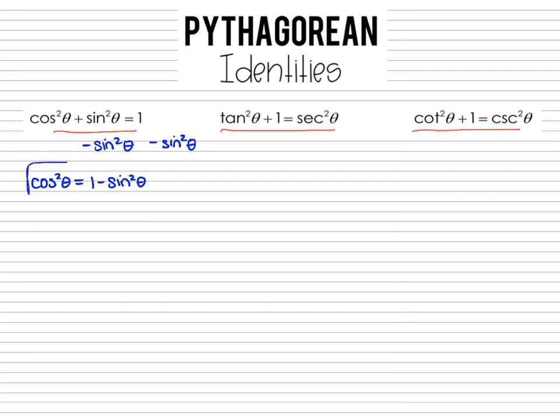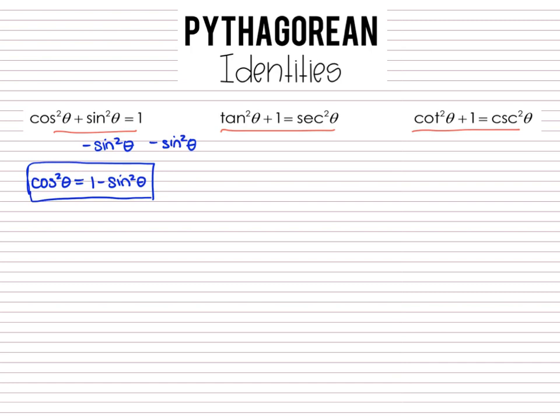So if we're simplifying an expression and you were to see 1 minus sine squared theta, instead of having that, you could substitute in cosine squared theta. We go from having two terms to having one. So we have this iteration that we can use as well.